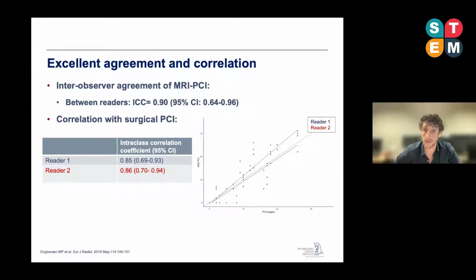This means that MRI really is accurate in predicting the PCI. We also saw this in other studies in other cancers, that MRI could really accurately predict the PCI. Interestingly, both readers also had a very good interclass correlation, so it's quite a robust scoring system using MRI.